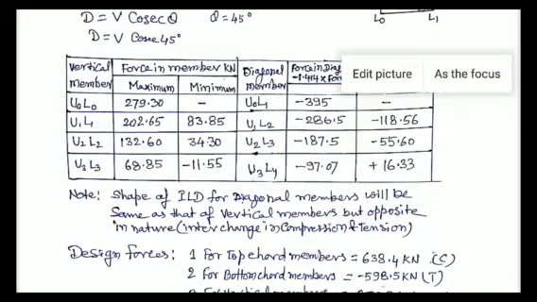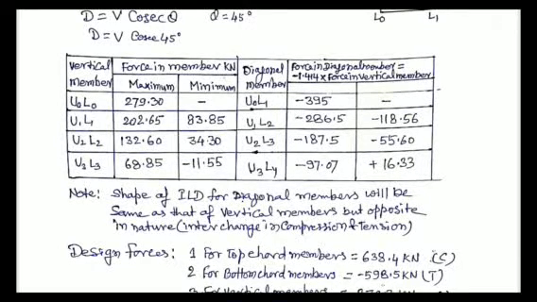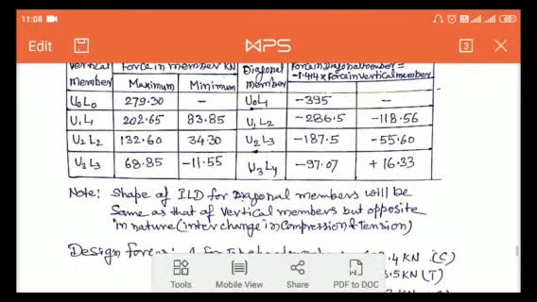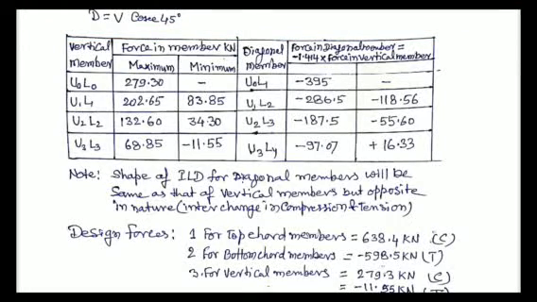And U2L3 is minus 187.5 kilonewton of tensile nature and minus 55.6 kilonewton of tensile nature, and in member U3L4, which is minus 97.07 of tensile nature, and the minimum force comes out to be 16.33 of compressive nature.